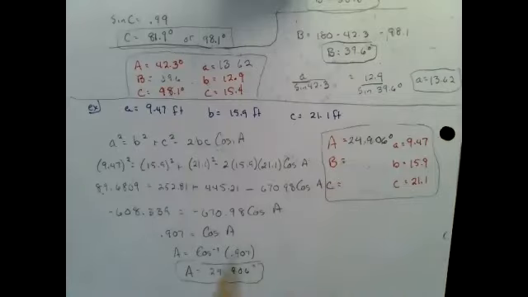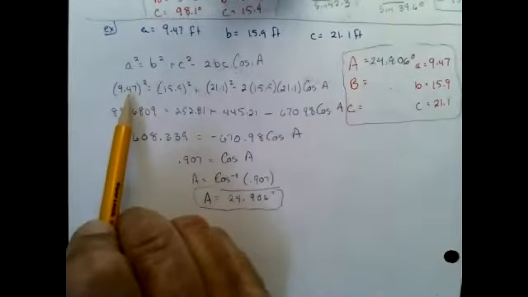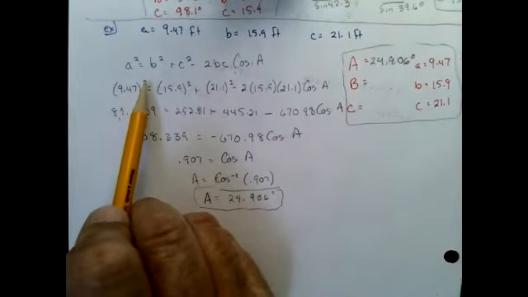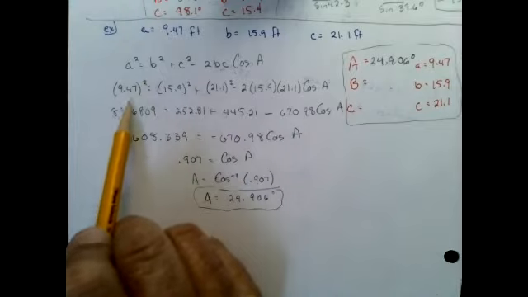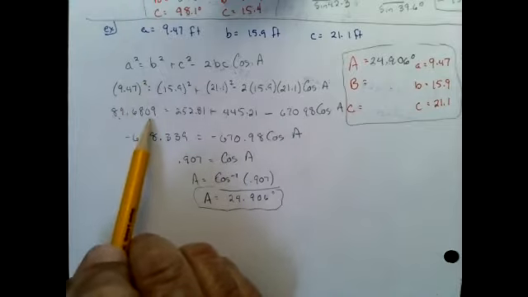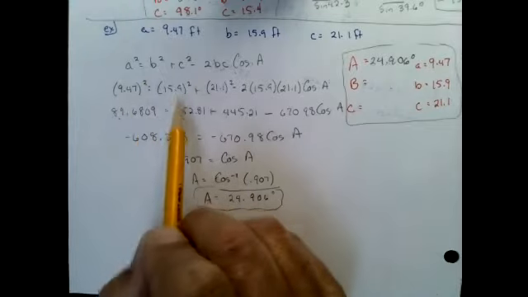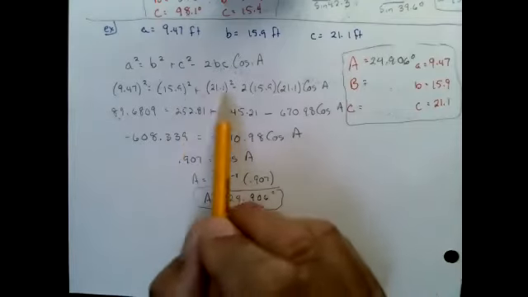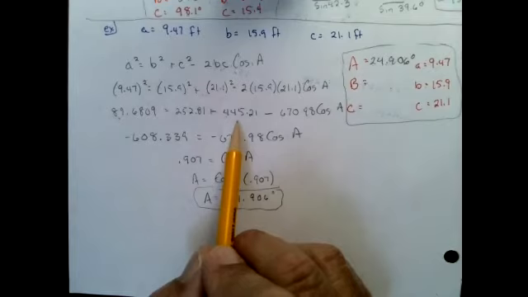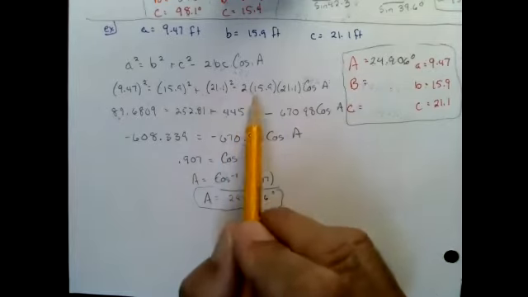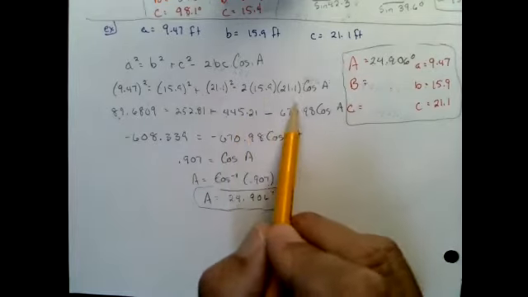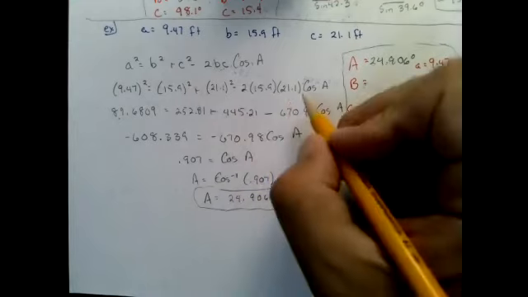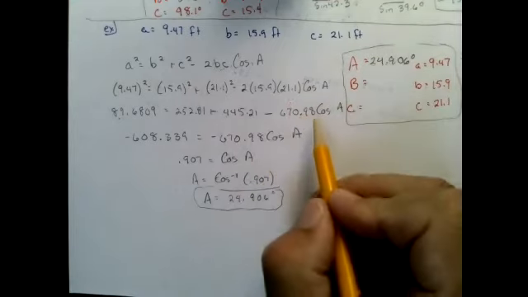A squared is 0.947 squared. Do you agree with 89.6809? 15.9 squared is 252.81. 21.1 squared is 445.21, and 2 times 15.9 times 21.1 is my 670.98.